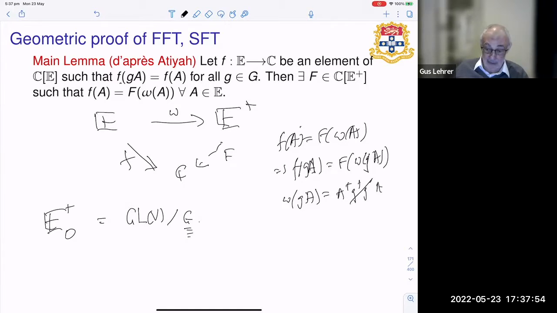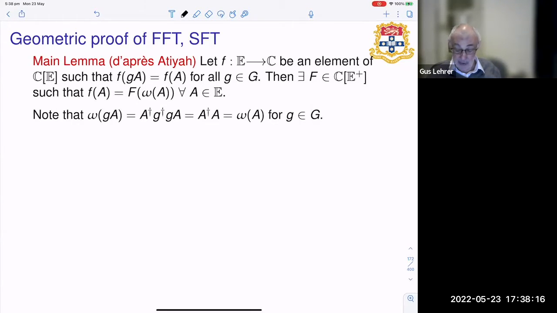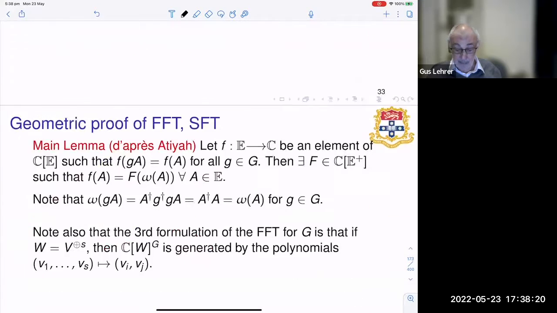And what this lemma is all about is extending a function from that space to the space of all forms. That's what this all comes down to. I just did the little calculation that I did for you there.